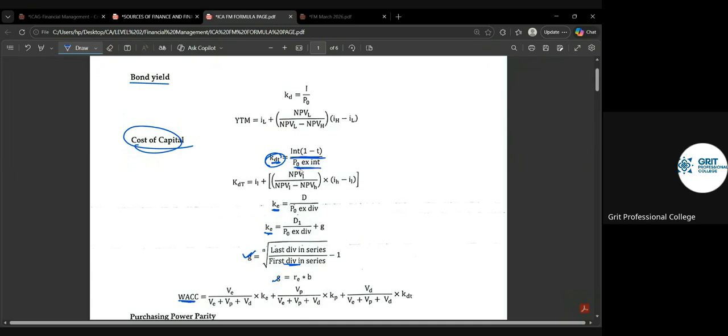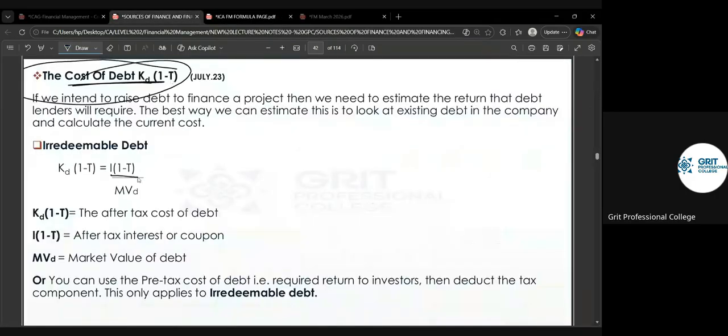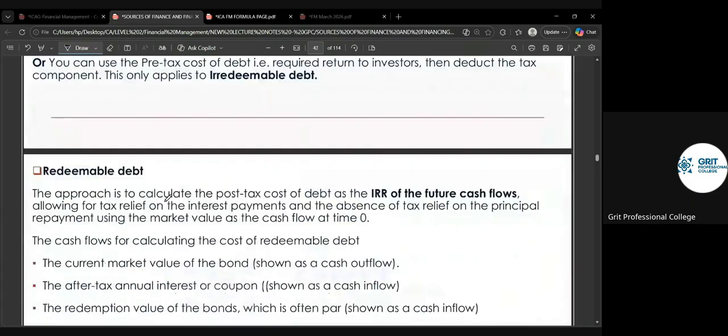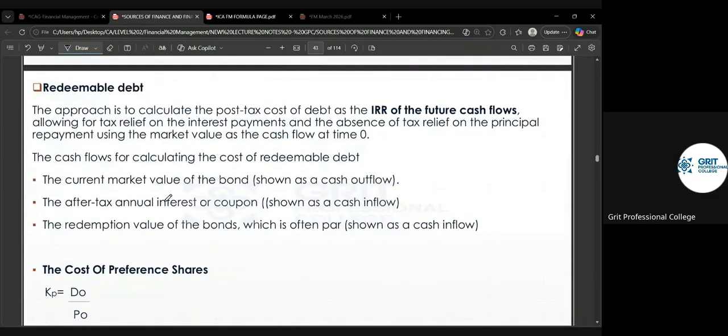Straightforward. In the formula sheet, it is the coupon times (1 minus T), which is the after-tax coupon or interest, over the MVD or P0, which is the market value of the debt. However, for the redeemable approach, your formula sheet tells you that we have to use the internal rate of return of the future cash flows.